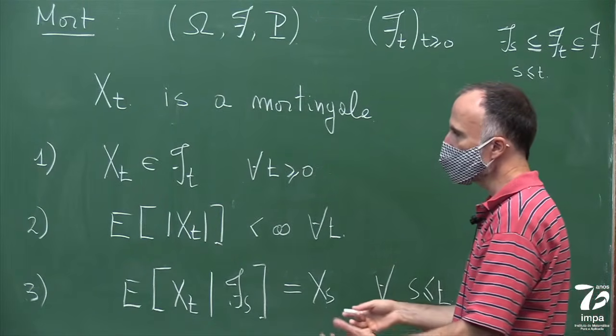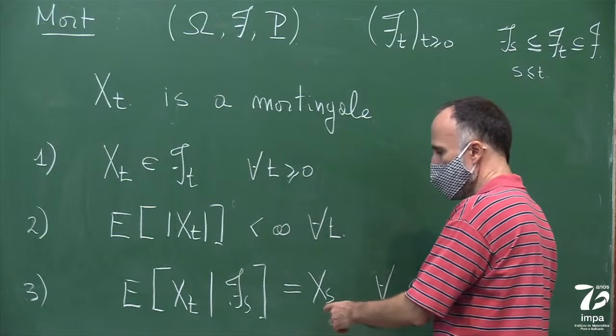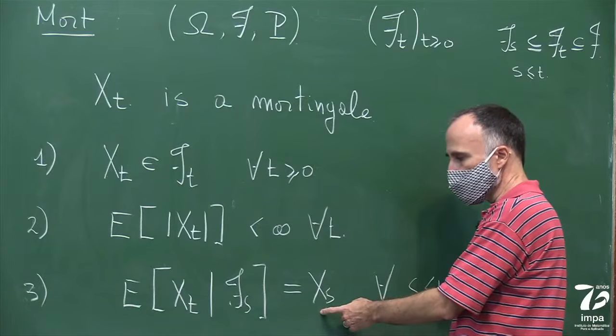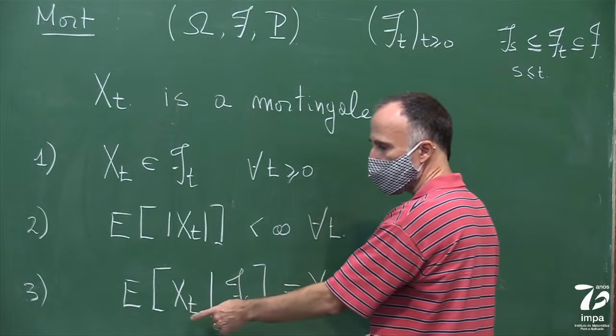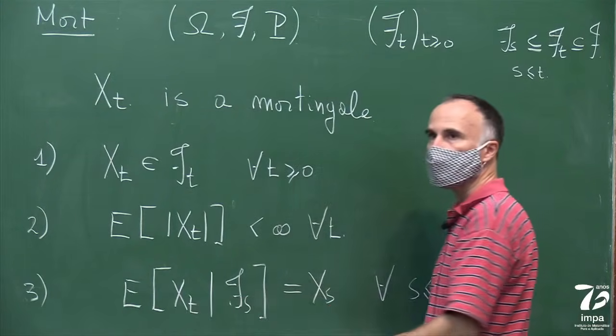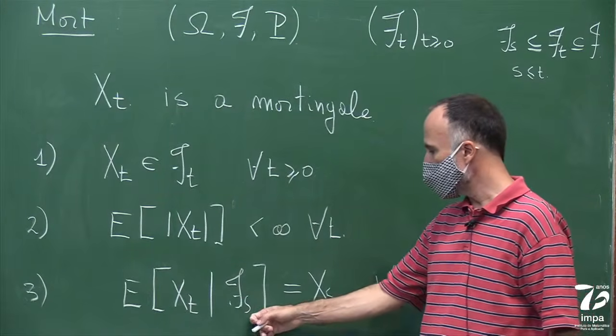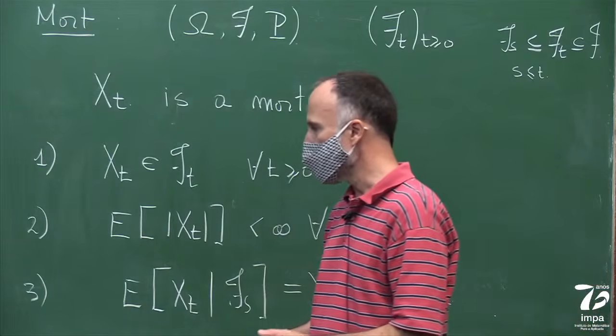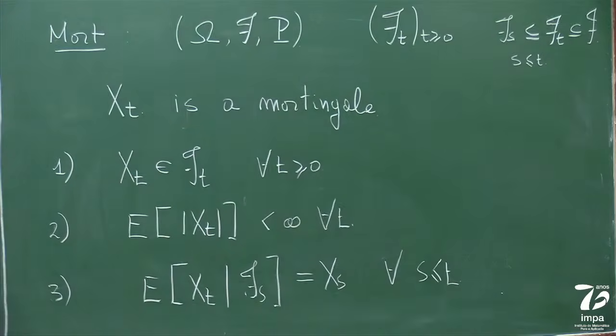Okay, so in some sense, it's a fair game. If you have a certain amount at Xs, then the average amount at time t, given everything which happened up to time s, is the amount you have at time s. So it's a fair game. Okay, so this is the definition of the martingale.